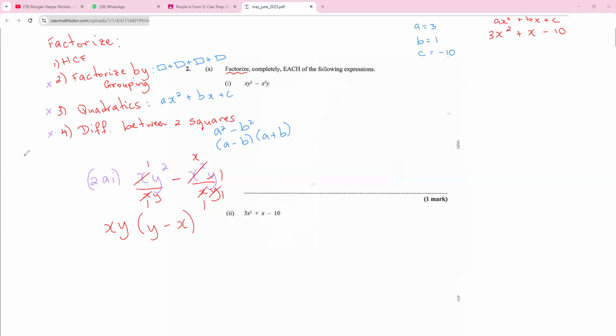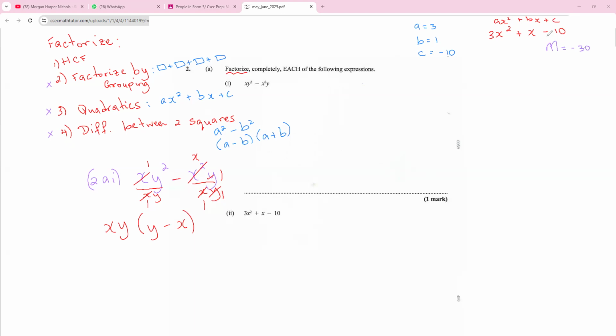Now remember your steps when it comes to factorizing. Your first step is to multiply a times c. So when I multiply a times c, I will get 3 times negative 10, which is negative 30.